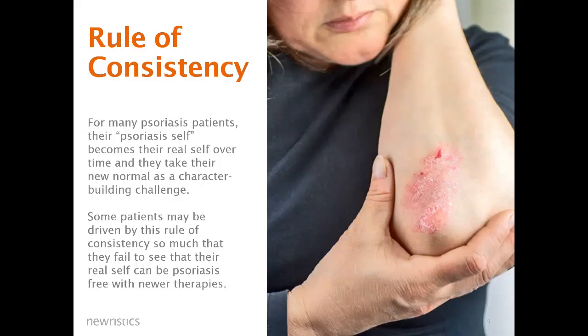And some patients may be driven by this rule of consistency so much that they fail to see. There are a lot of patients who are on first generation older drugs, whether they are TNF based drugs or the older therapies that are available, and they have not switched to the newer therapies, even though the doctor may have brought it up, they have seen commercials, et cetera.